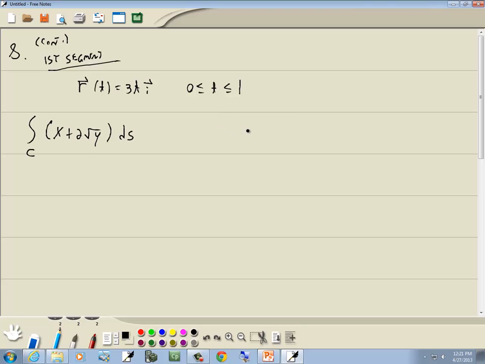So first off, our f of x, y is going to equal x plus 2 square root of y. Keep in mind, this right here is our x of t. So x of t is equal to 3t. And we're wanting to find f of x of t, y of t. Now, x is equal to 3t, so put that in.